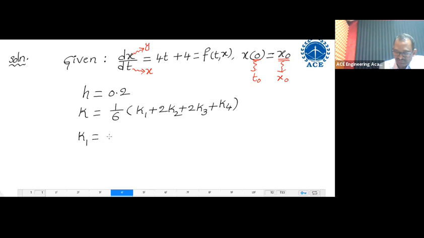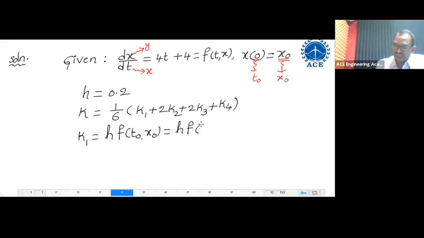What is k1? k1 is h into f of x naught comma y naught, where x naught means t naught and y naught means x naught.